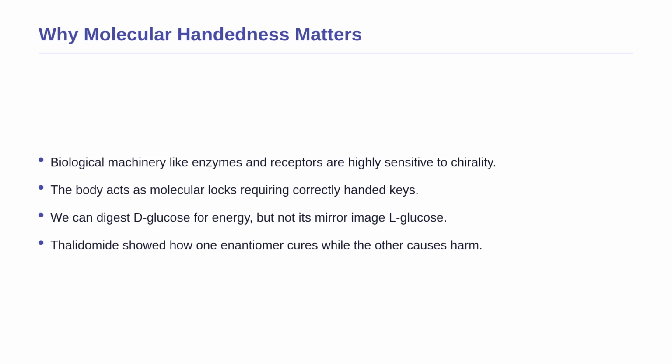For example, your body can easily digest D-glucose for energy, but it cannot process its mirror image, L-glucose, at all. A tragic historical example of this is the drug thalidomide, where one mirror image form safely cured morning sickness in pregnant women, but the other form caused severe birth defects. This is why understanding chiral centers is absolutely critical for designing safe medicines.